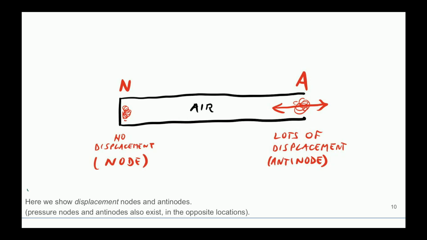There's a footnote here regarding pressure, but I will speak about displacement here and note that we have a displacement antinode on the right side because the air particles are free to move left and right, and a node on the left side. So you'll notice that this is starting to look a little bit like a vibrating string, except now we have a longitudinal wave instead of a transverse wave.